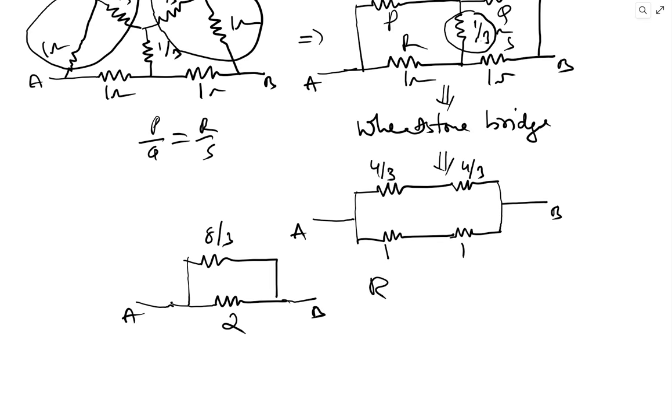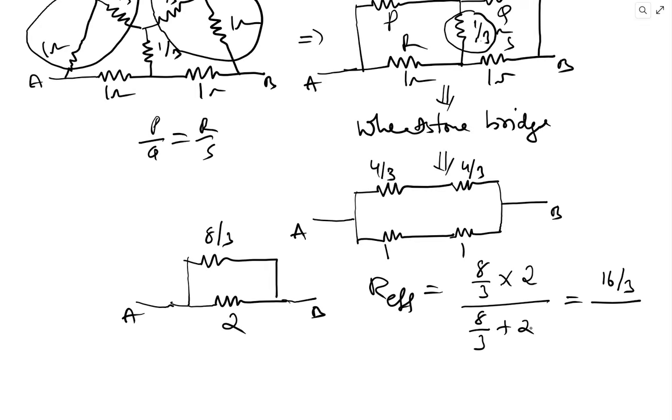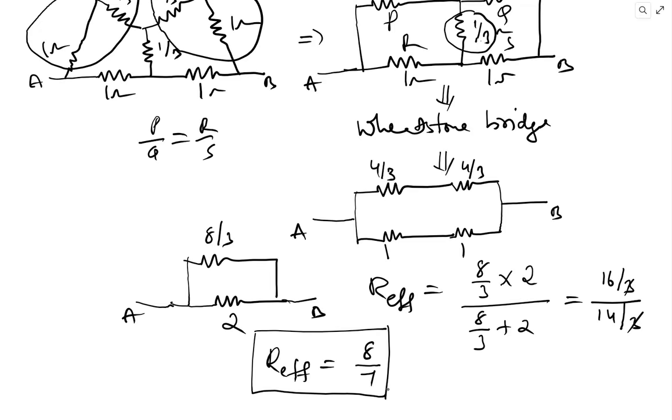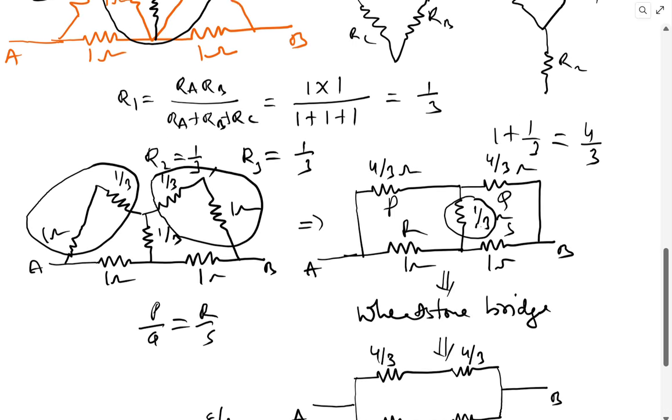So R effective equal to 8 by 3 into 2 divided by 8 by 3 plus 2. So the numerator we get 16 by 3, the denominator we get 14 by 3. So 3 gets cancelled. So R effective becomes 8 by 7. So this is the result of this given network.